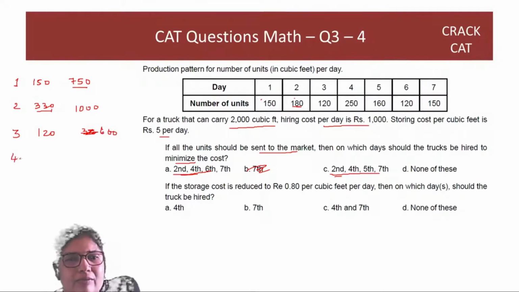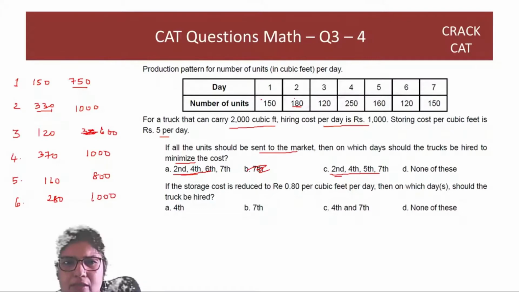On the fourth day, you have 370 units, and hence it is cheaper to hire a truck. On the fifth day, you're back to 0, and you have 800. On the sixth day, you will hire a truck, because you have 280, so you'll have a cost of 1000. And on the seventh day, since you have to send everything to the market, you will hire a truck and send that to the market.